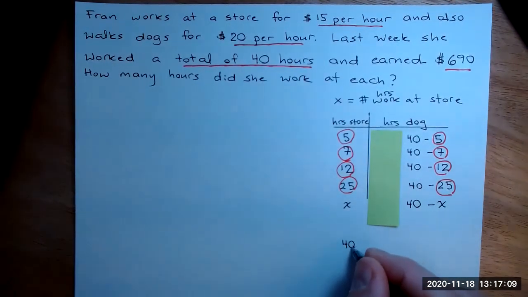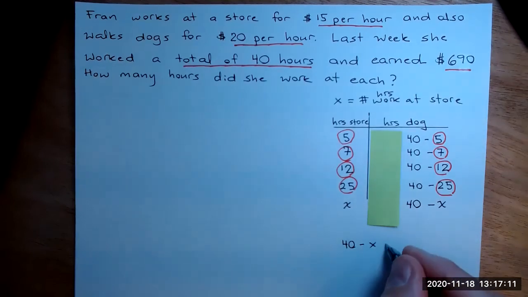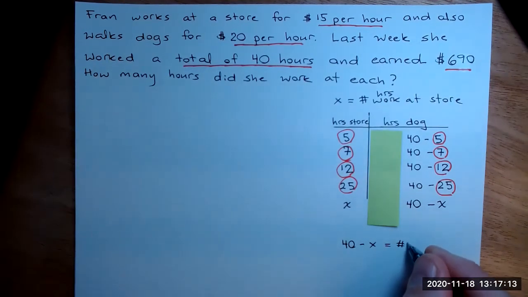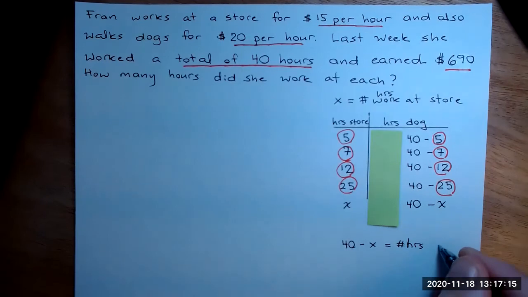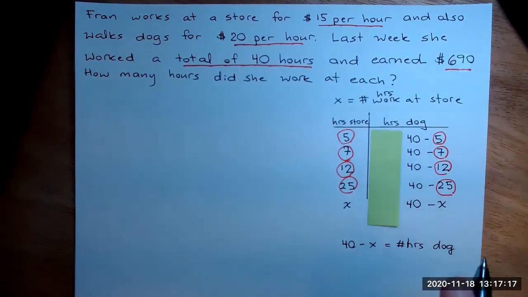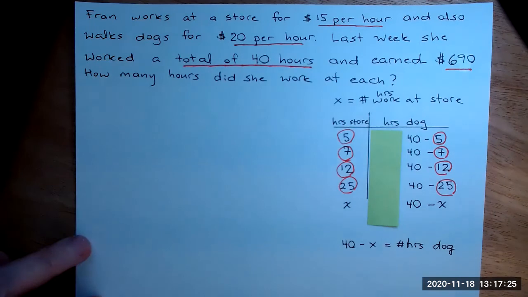So 40 minus X is the number of hours that she walked the dogs. All right, let's put that all together in an equation.